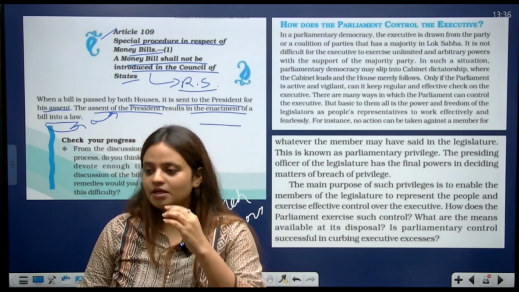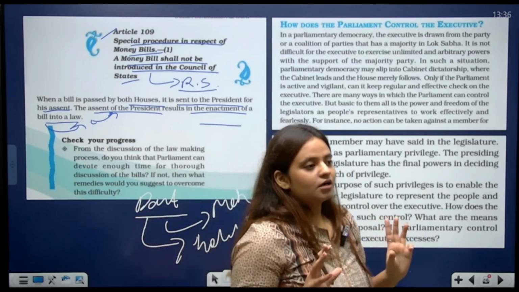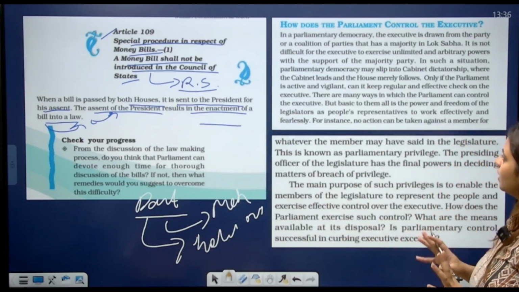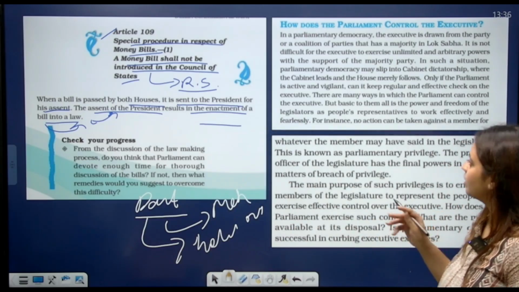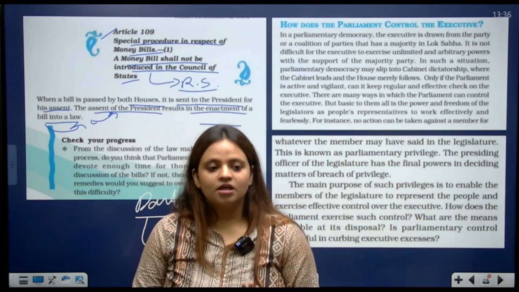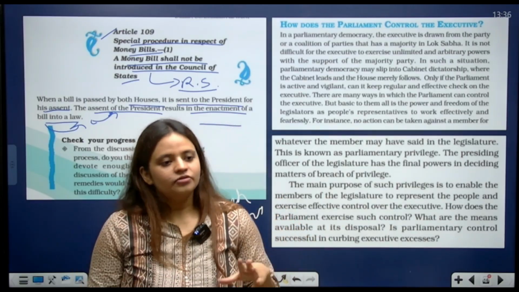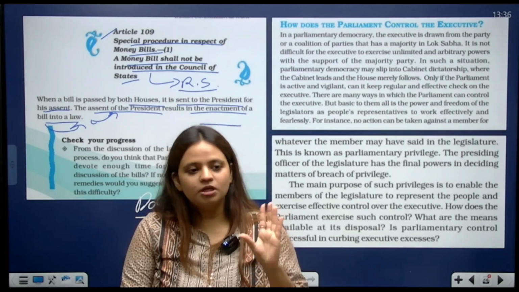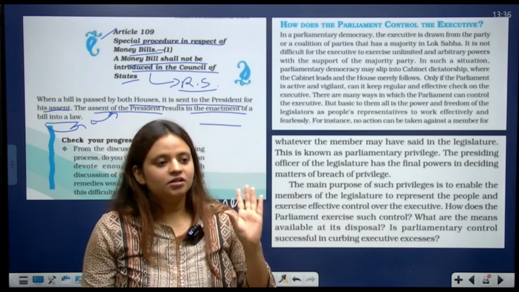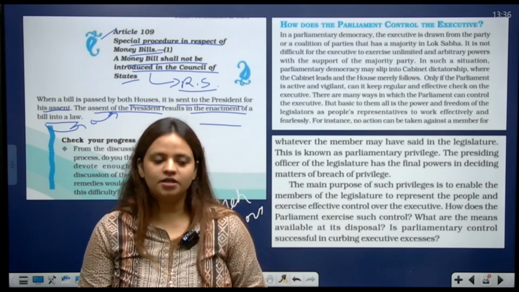The parliament has to be vigilant about it. The parliament has to be actively present there, and has to keep an eye on the regular and effective works of the executive. The legislative people in the parliament have to keep a check on the executive, so that parliamentary democracy does not turn into a cabinet dictatorship.